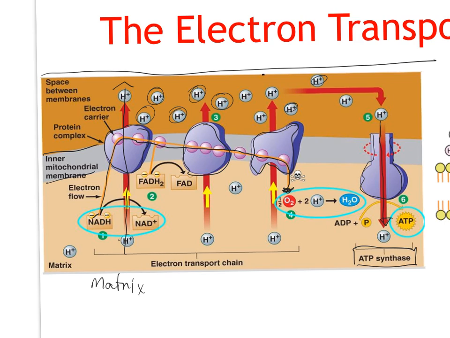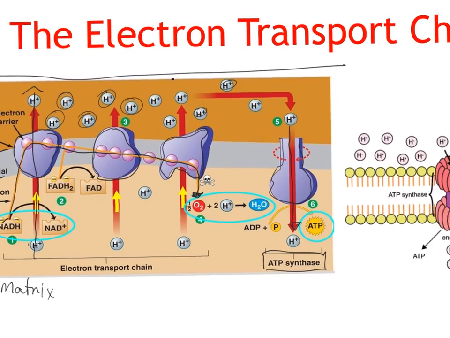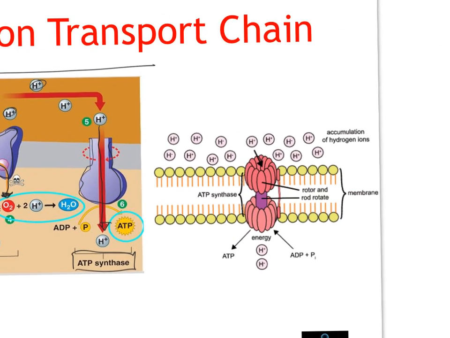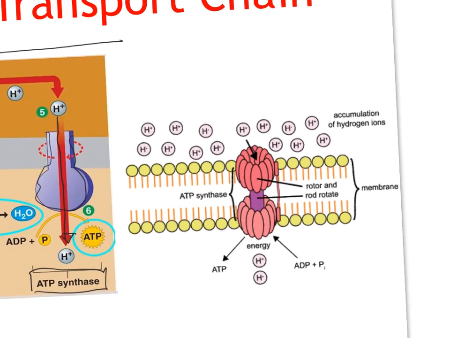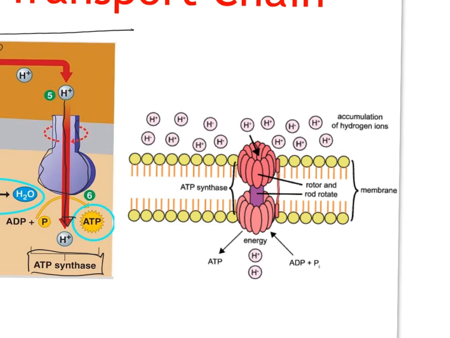That's this molecule here. Now I'll just move this over so we have a look at this in a little bit more detail. So here's our enzyme embedded in the membrane, and the enzyme is called ATP synthase. Now you'll see that it's got this kind of rotor design.